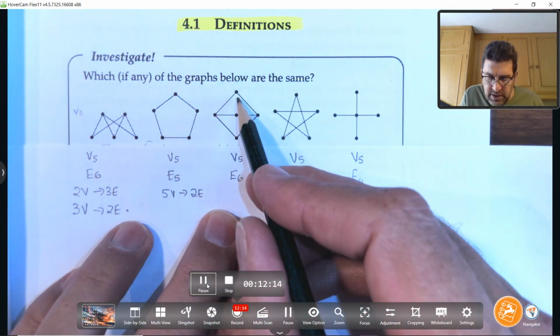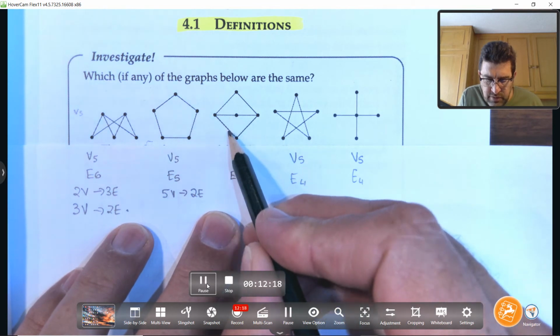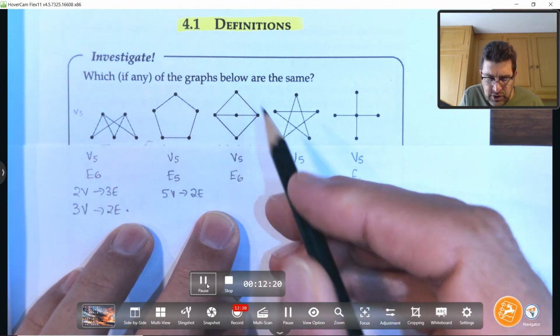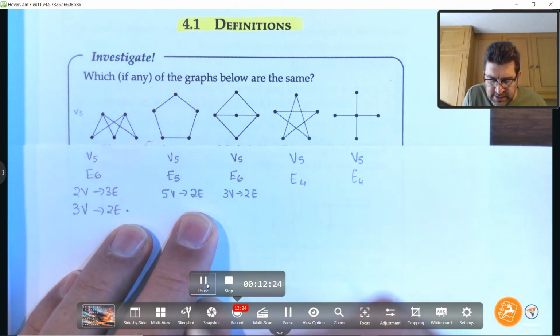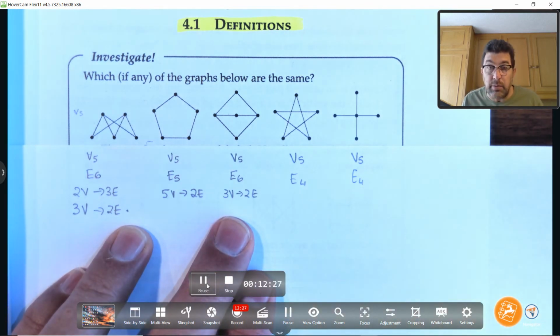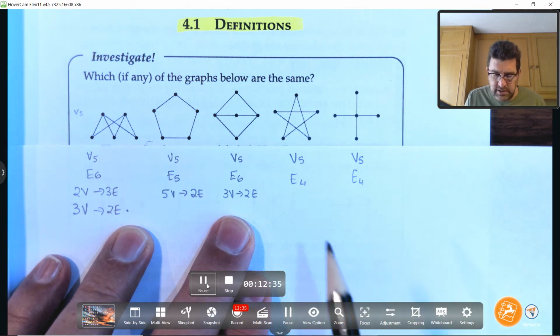Let's have a look over here. There's 1, 2, 3 vertices with 2 edges. So there's 3 vertices with 2 edges. So we're now going into the atomic characteristics of each of these graphs. We're looking at the absolute detail. The devil is in the detail.